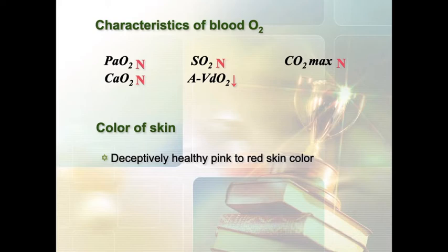And the color of skin is deceptive, healthy pink to red skin color. So deceptive means you can be cheated or conned by the rosy color of the patient while he is not healthy.